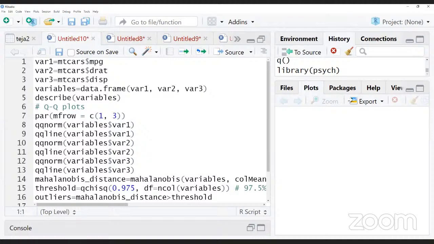So sometimes the researcher thinks that this is the reason for a certain problem.